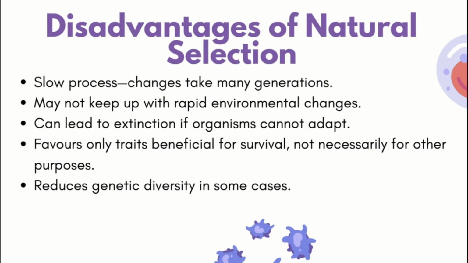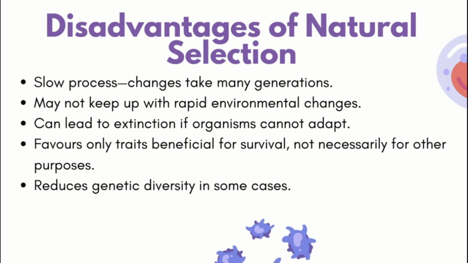So basically, they need to mate. Natural selection doesn't care about mating, or sexual reproduction. This is what it means. It's only really focusing on survival. It's not focusing on, oh, you need to mate and reproduce. So that's basically what it means.